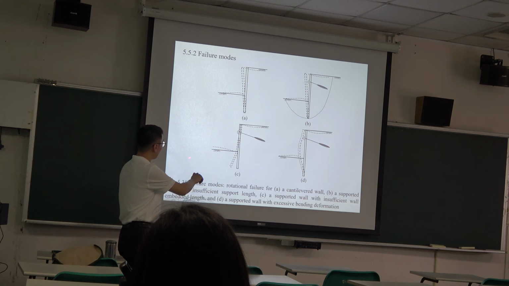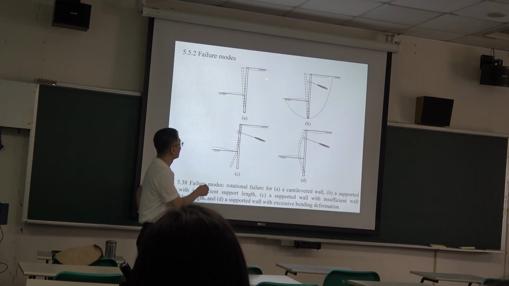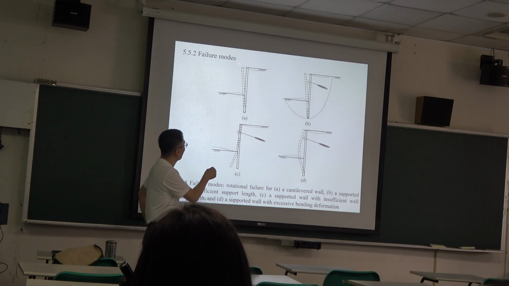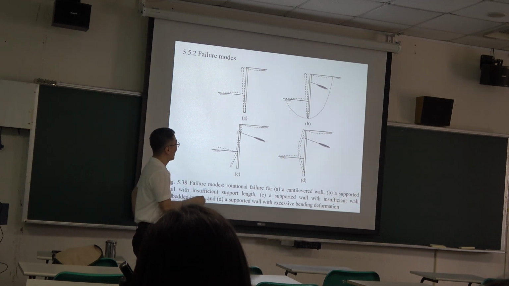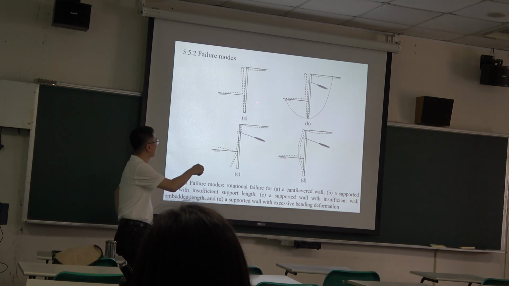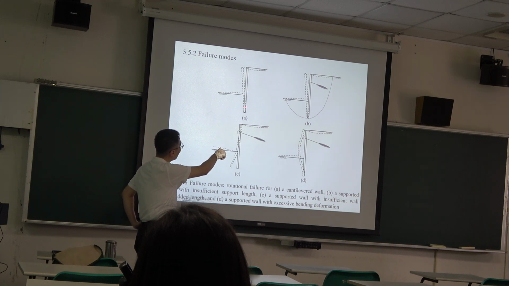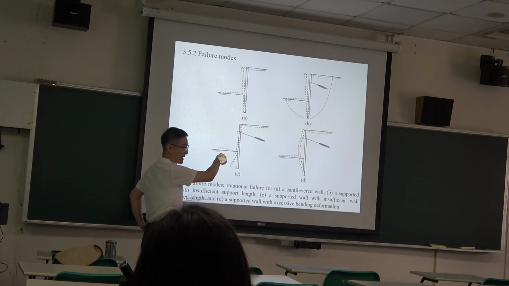So actually, for the failure mode, we have these 4 types. First one is cantilever wall. So for the cantilever wall, the deformation looks like this. The top part lifts away from the soil. Of course this part is the active side, and part of this soil will be the passive side.